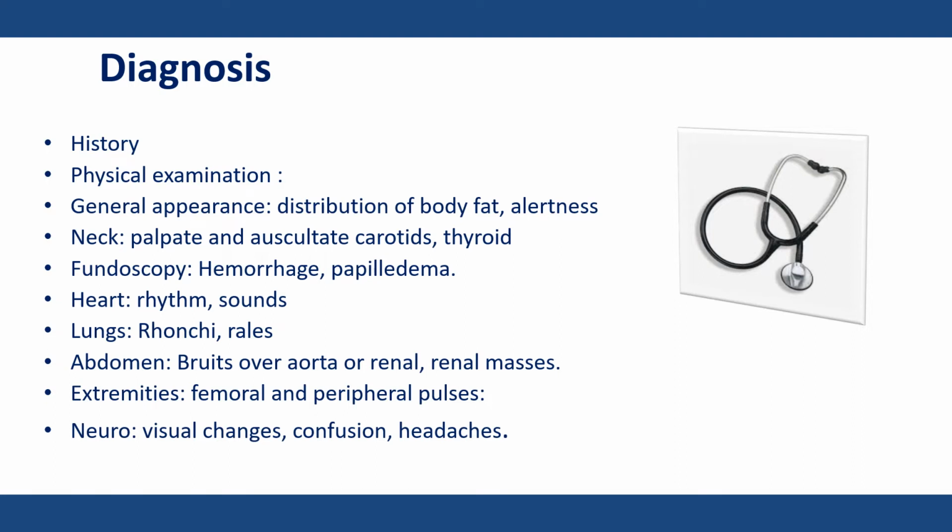All right, talking about diagnosis. Number one thing is talk to your patient. Listen, listen, listen. Pay attention. They're telling you what's wrong with them. So take a very good history. Then you do the physical exam. Try to rule out target organ damage. Take a look at their eyes and see if there's any hemorrhage going on.